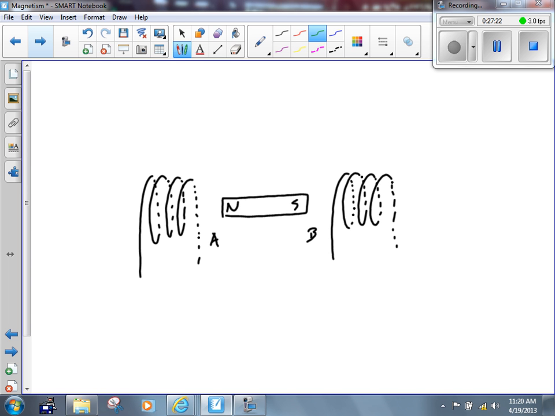Now, if we pull this magnet through from the left side to the right side, there's going to be a current produced, and that current's going to produce a field to oppose the motion. What's the polarity of this coil have to be in order to oppose the motion?